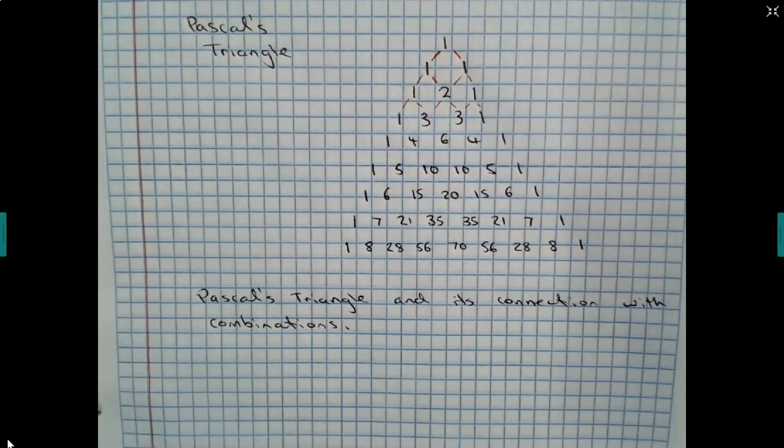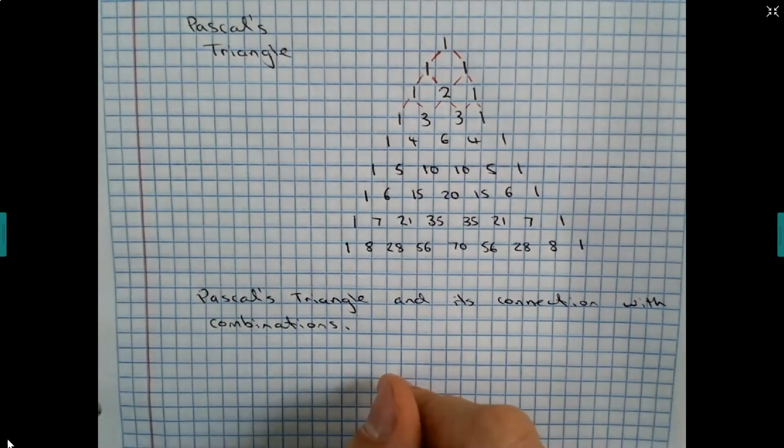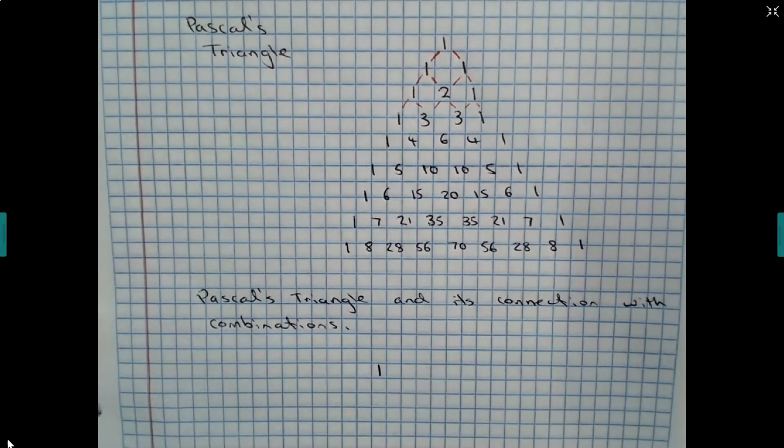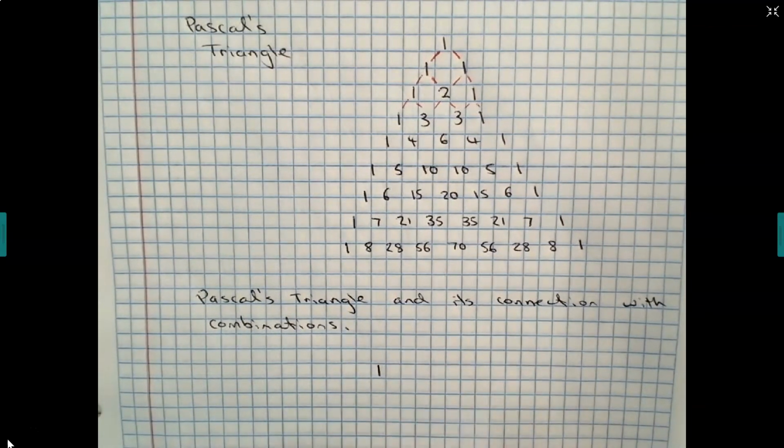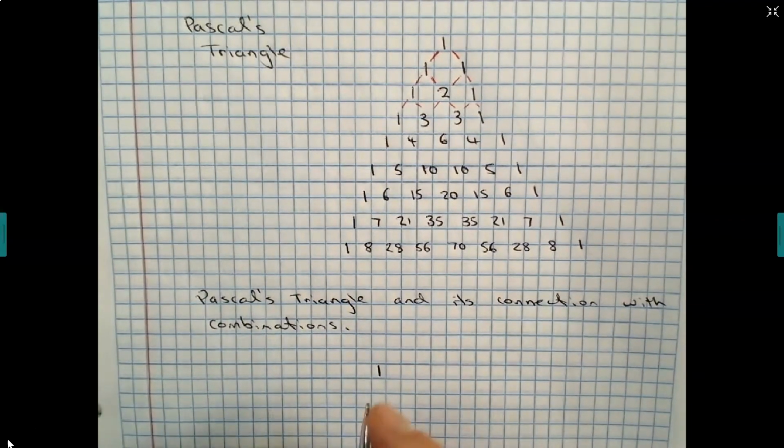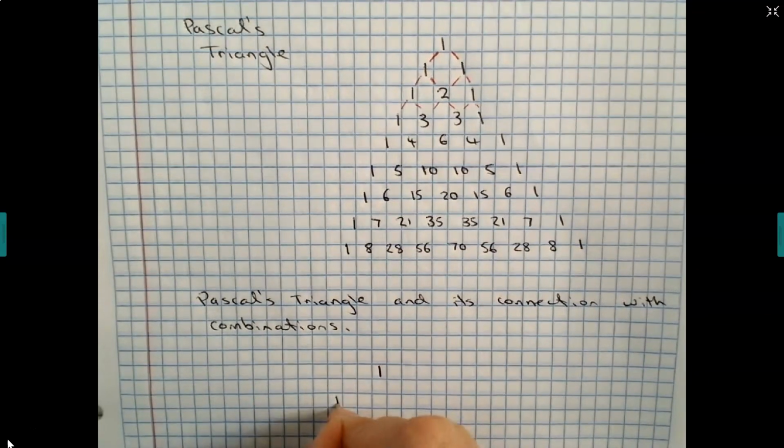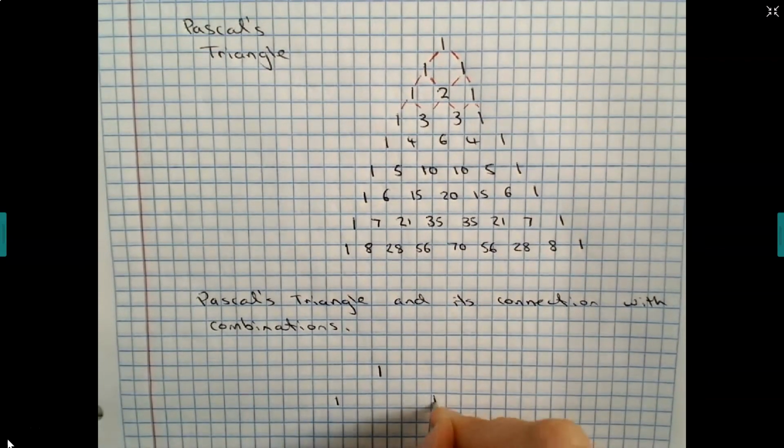All right, now I'm going to start at the top. So we know at the top of Pascal's triangle we have 1. Now, if I consider the second row, I'm going to get a 1 and a 1 again.